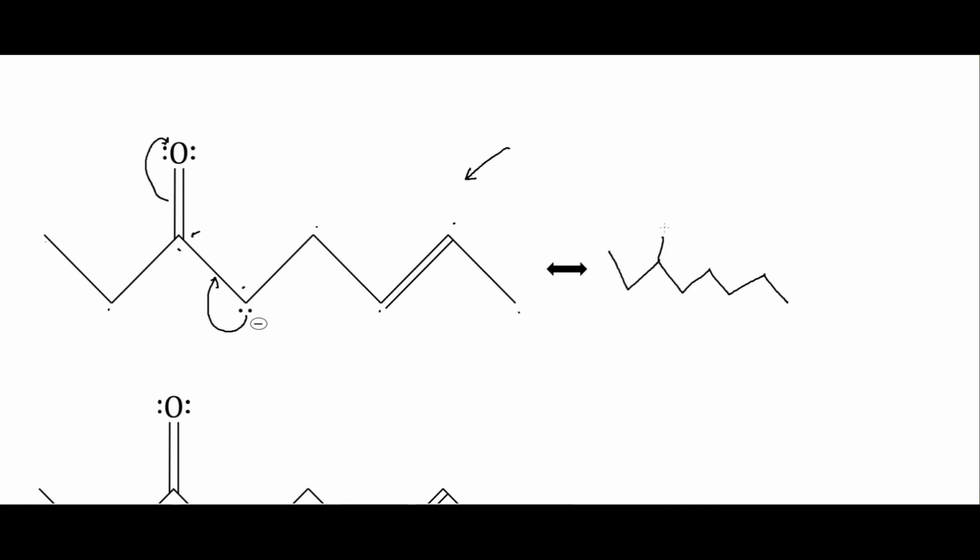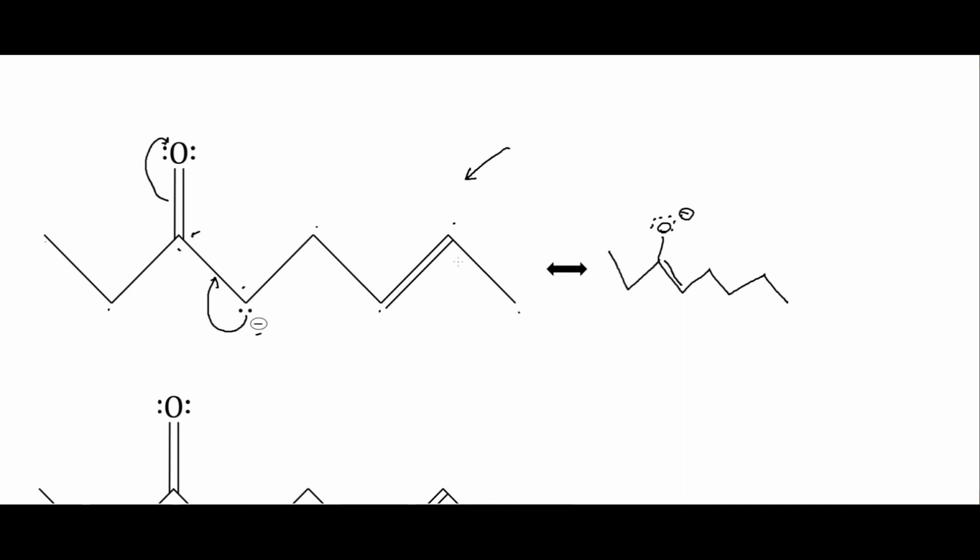Now we have a single bond to it because the electrons from that double bond went up to that oxygen, and now we have a double bond right there. Let me see if I can draw that a little bit better. And we do have a negative charge on that oxygen. We had the negative charge right here, and now it has moved to the oxygen.